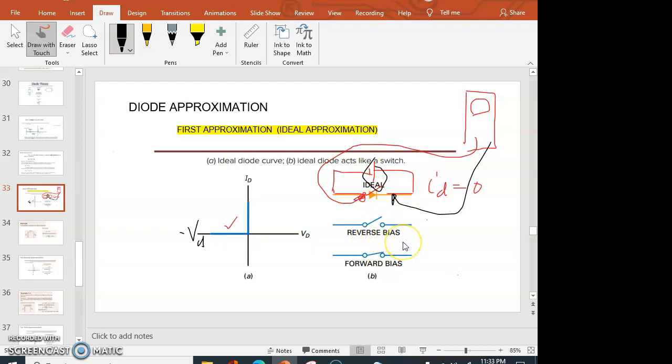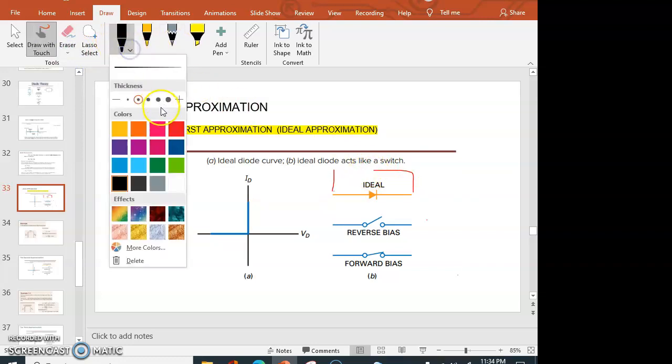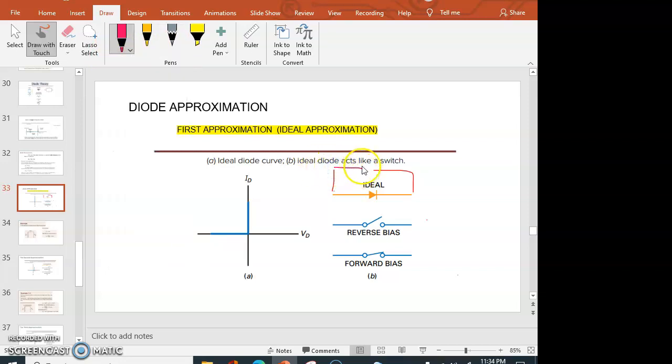Next, let's have now the forward bias. So how do we deal with the forward bias? As you remember last time, forward biasing simply means the anode side is connected with the positive terminal of the supply voltage, while the cathode side is connected with the negative terminal.